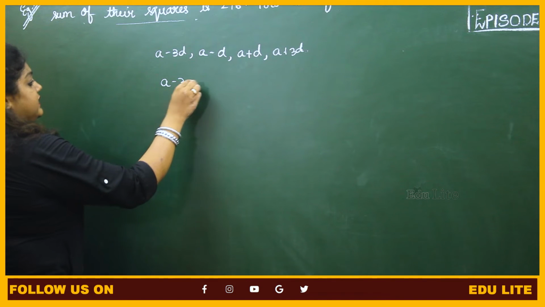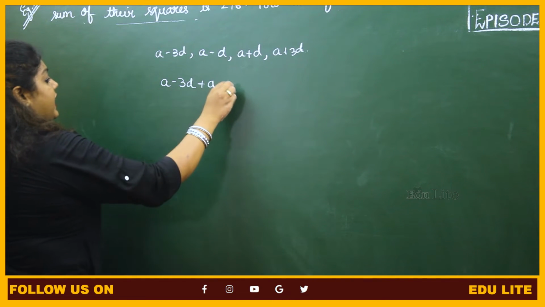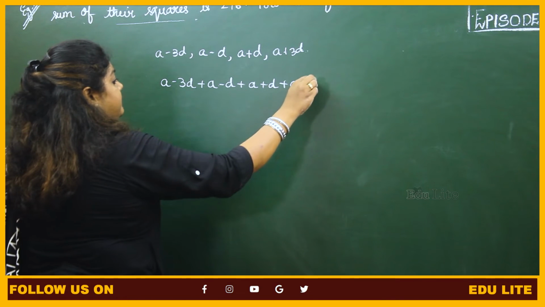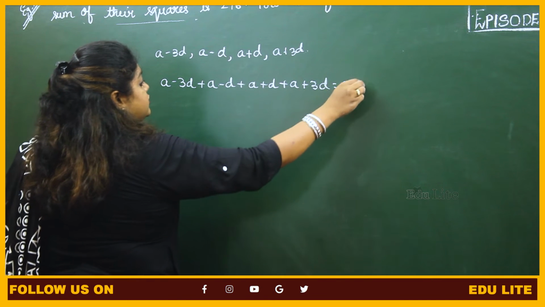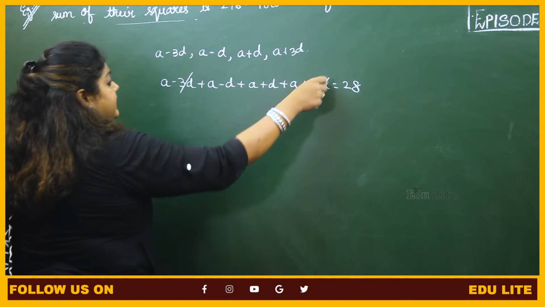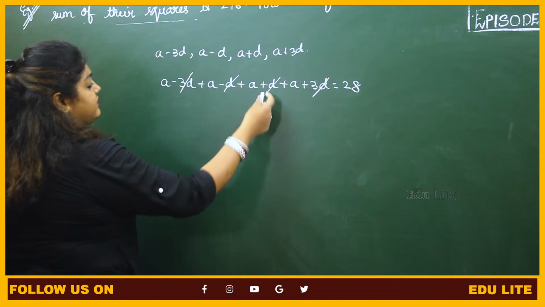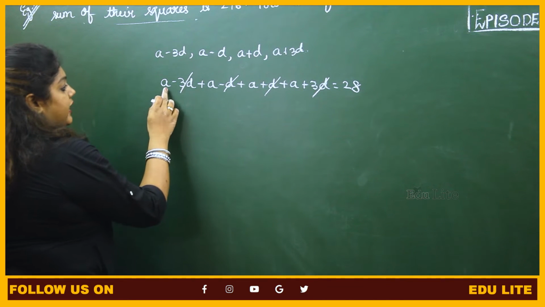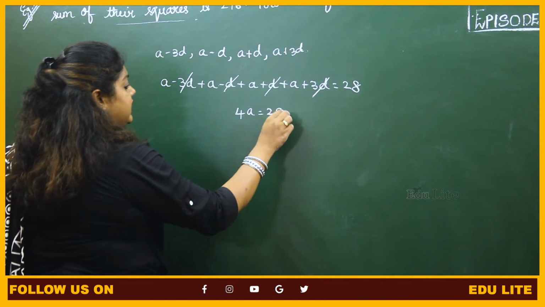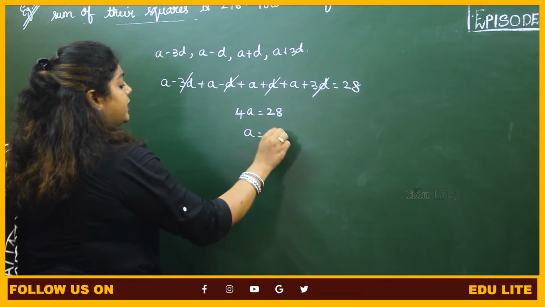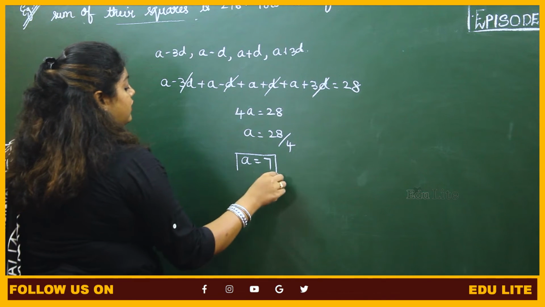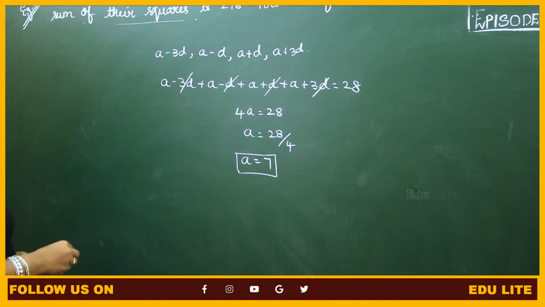So a minus 3d plus a minus d plus a plus d plus a plus 3d equals 28. Now minus 3d and plus 3d get cancelled, minus d and plus d get cancelled. A is 4 times. So 4a equals 28, a equals 28 by 4, therefore a equals 7. So we have found the value of a as 7.